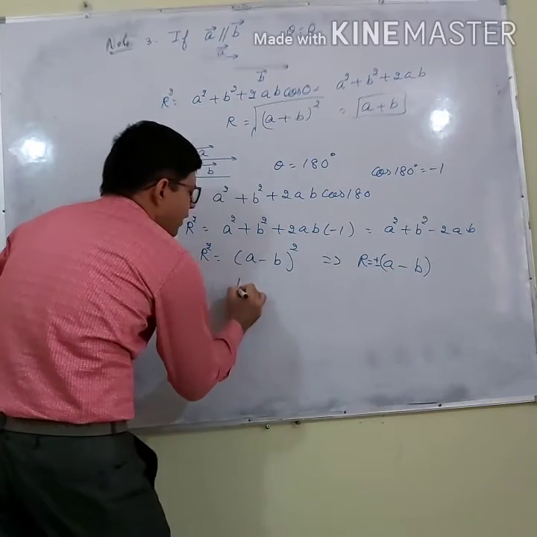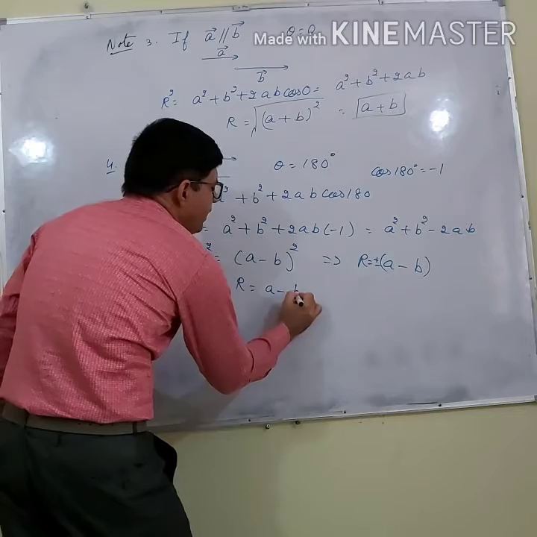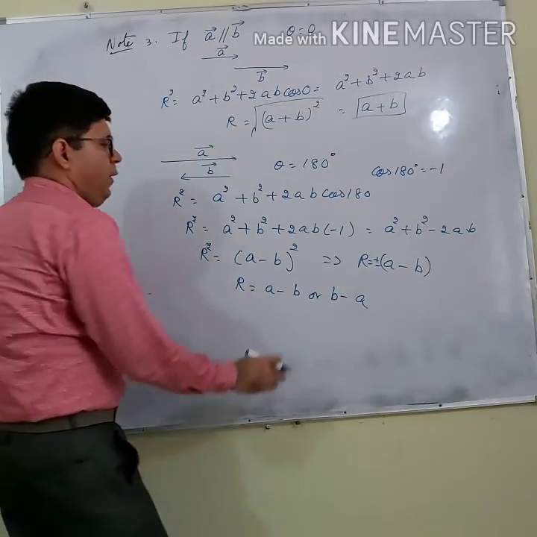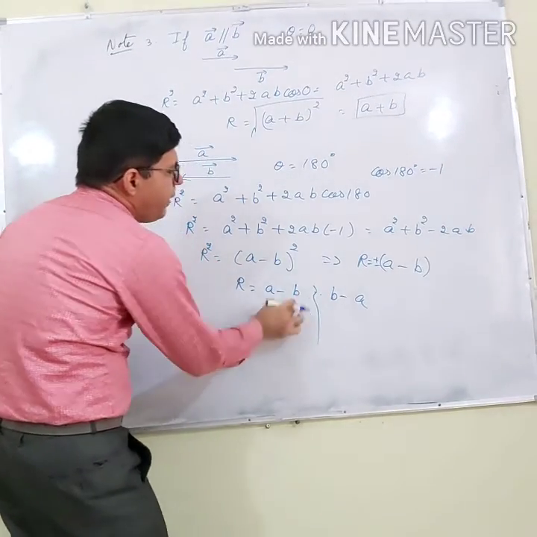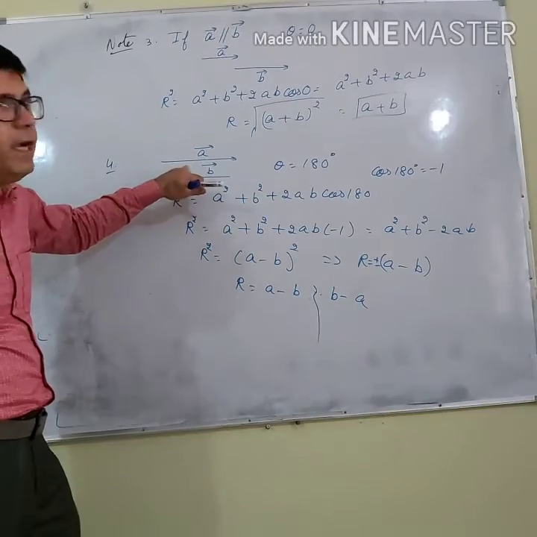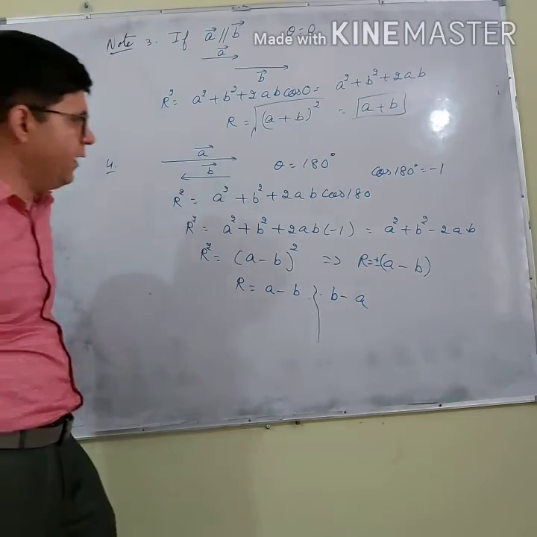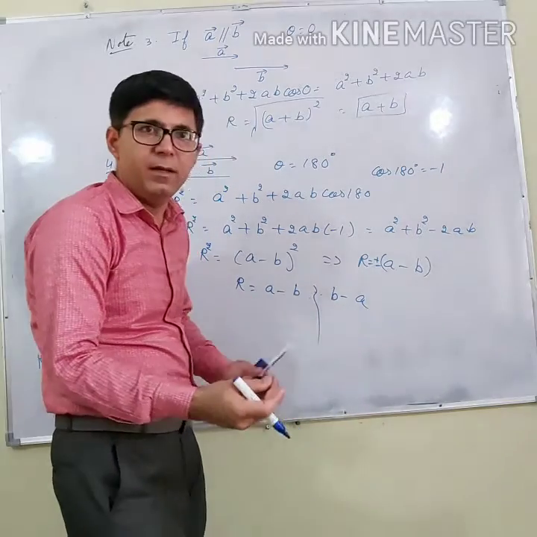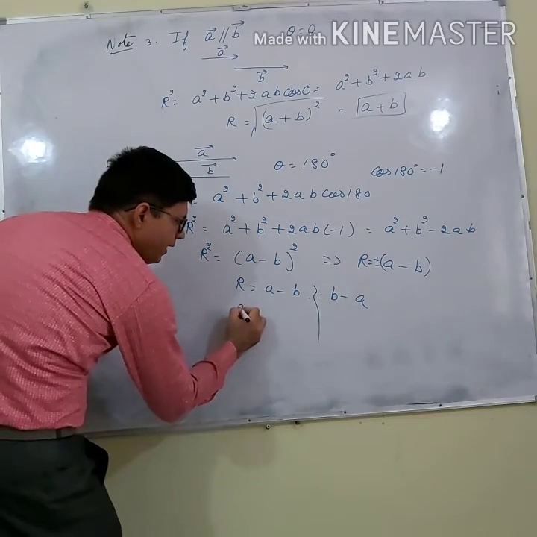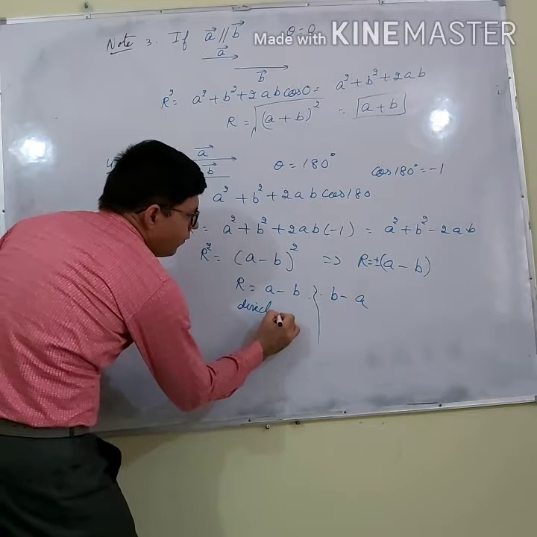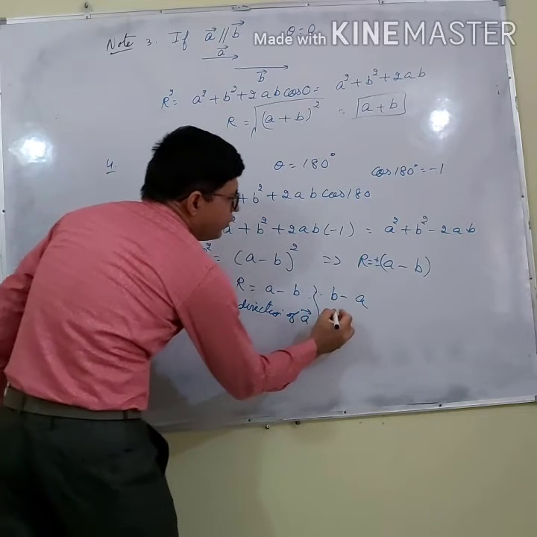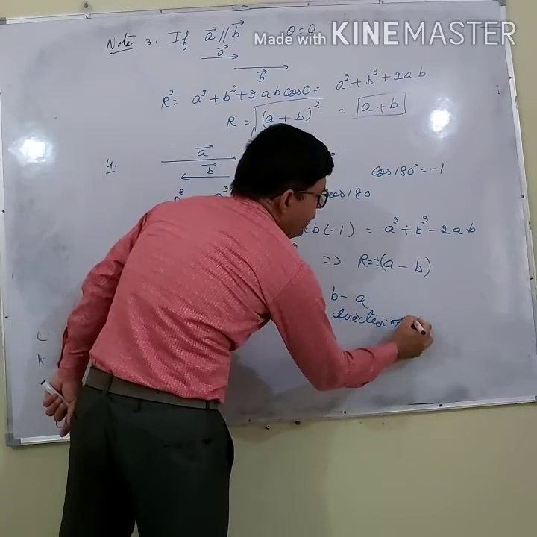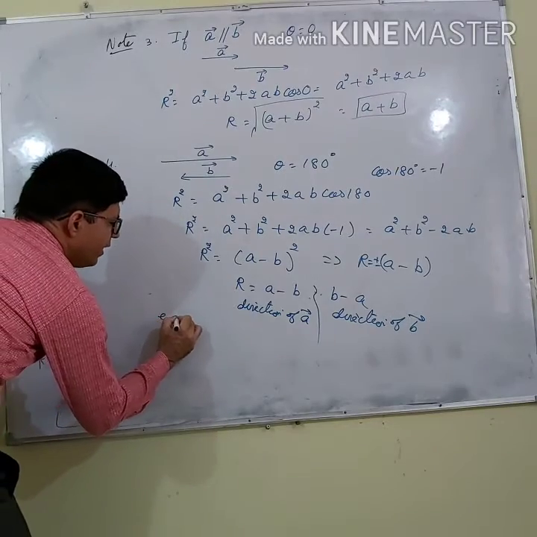So R equals A minus B or B minus A. If you do A minus B, you have to take the direction of A. And if you take B minus A, you have to take the direction of B.